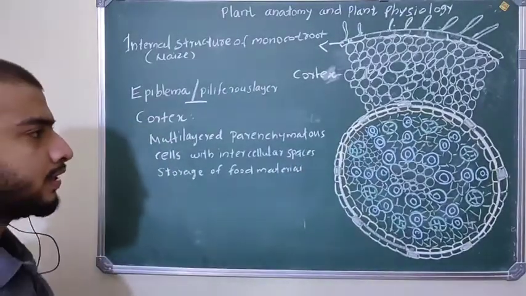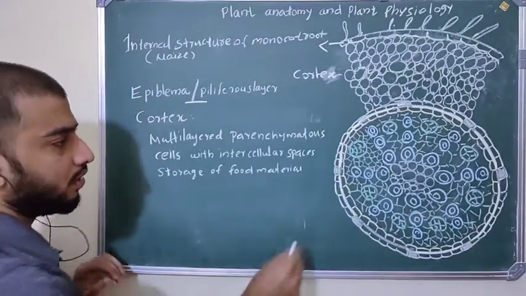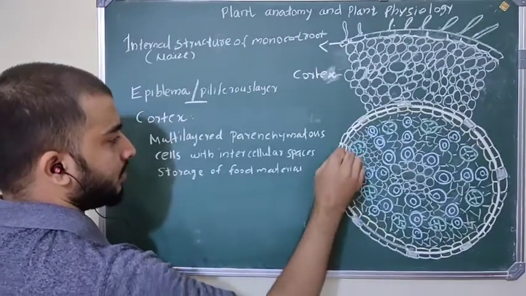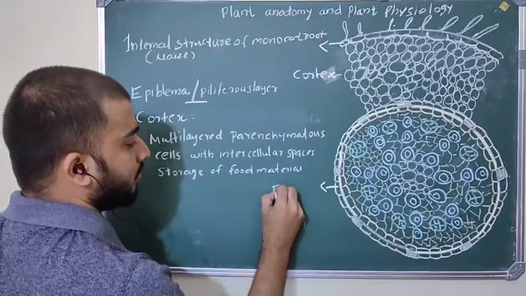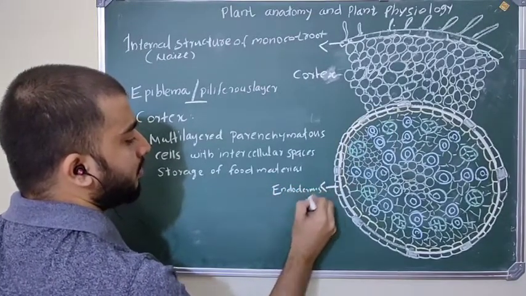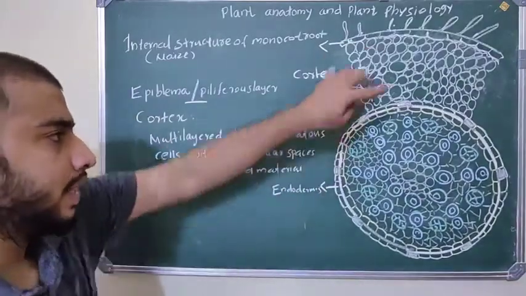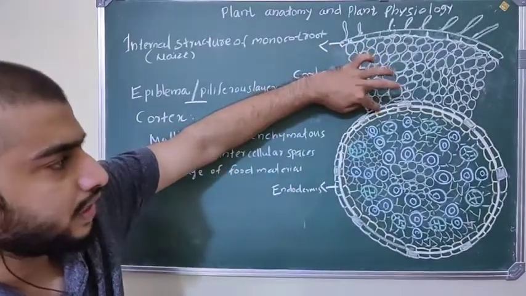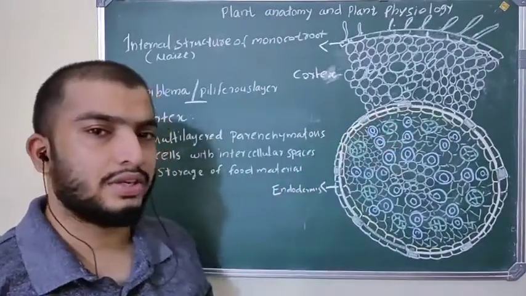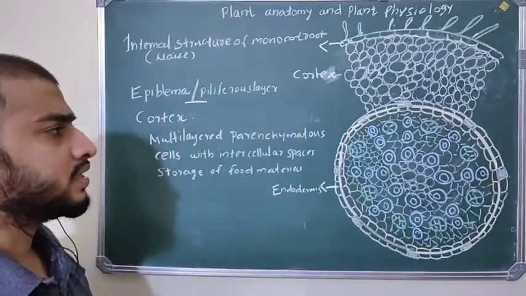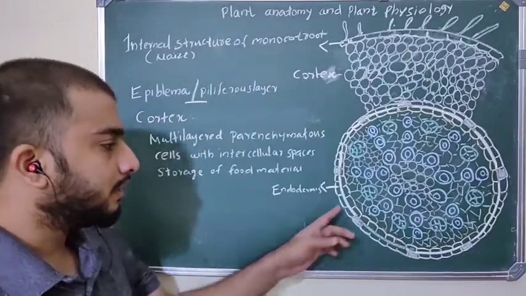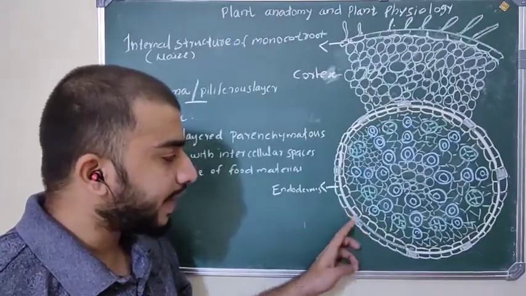Then the next part is called endodermis. What is endodermis? Endodermis is the innermost layer of the cortex, made up of a single layer of barrel-shaped cells that have Casparian strips.